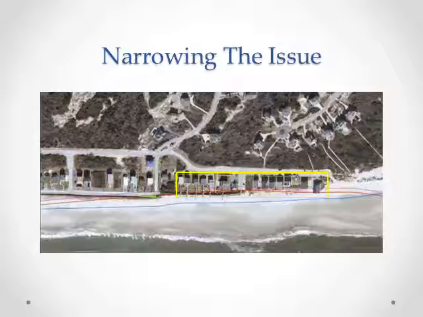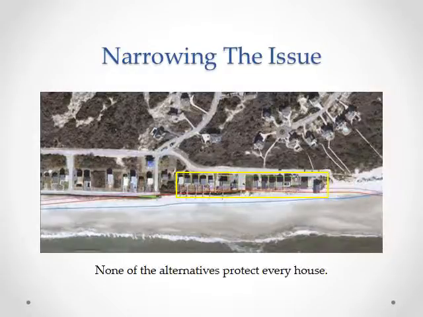Next slide, please, Tom. 16 total properties, and I'm going to put the numbers up here in a second. So 16 total properties, 11 that have been developed. Yes, ma'am.